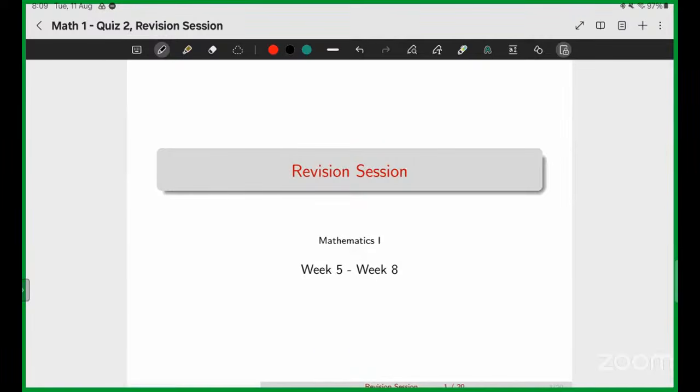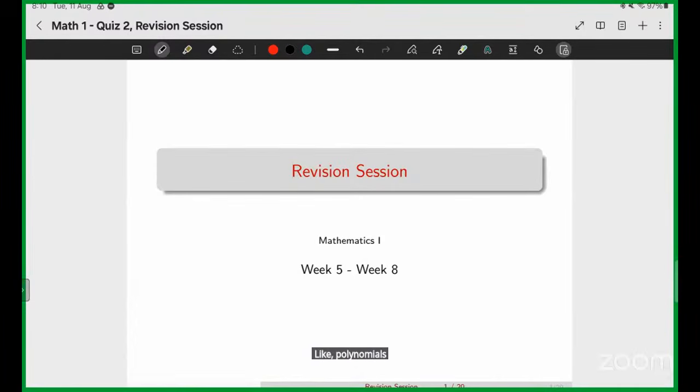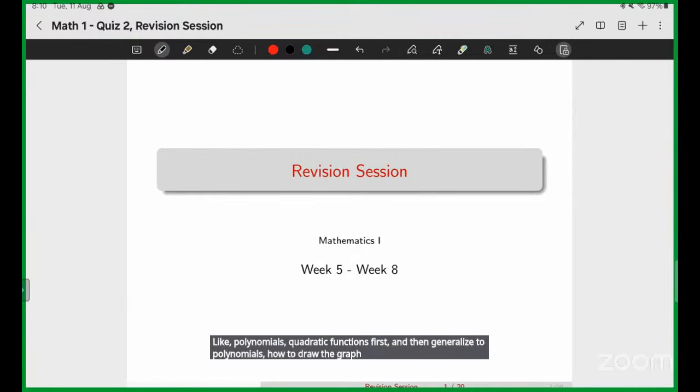All right. So from week 5 to week 8, the general theme of the syllabus is to deal with functions. From week 1 to week 4, you have seen certain classes of function like polynomials, quadratic functions first, and then generalized to polynomials, how to draw the graph, analyzing end behavior, and all that.